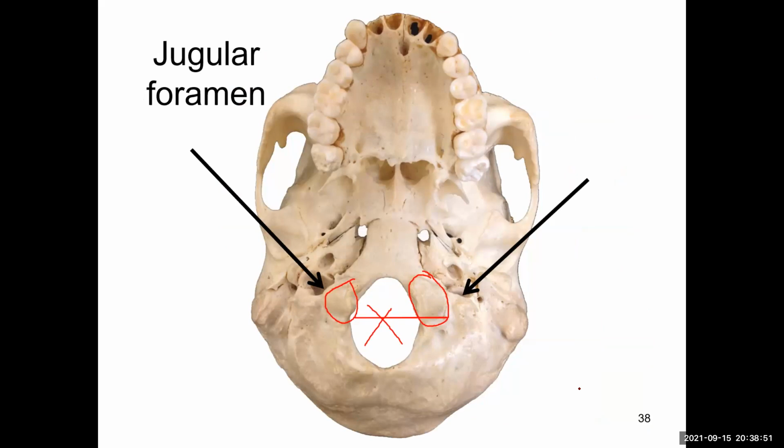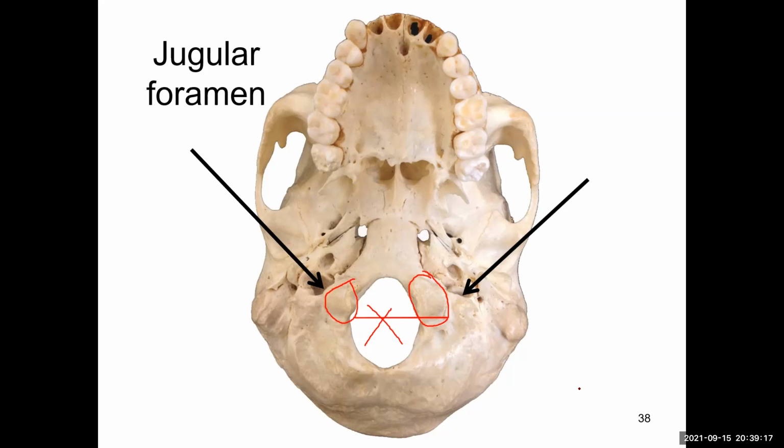That's going to be called the jugular foramen. Remember, a foramen is a rounded opening or passageway through the bone. And this is where the internal jugular vein forms and drains the blood from your skull. So that's the jugular foramen.